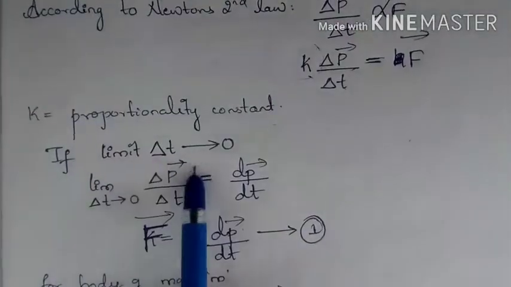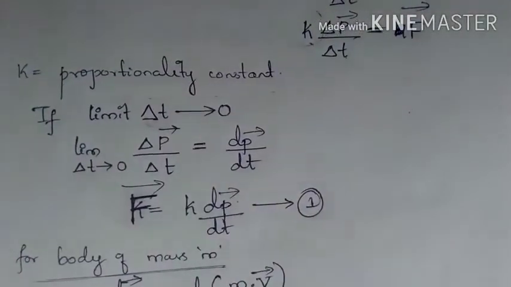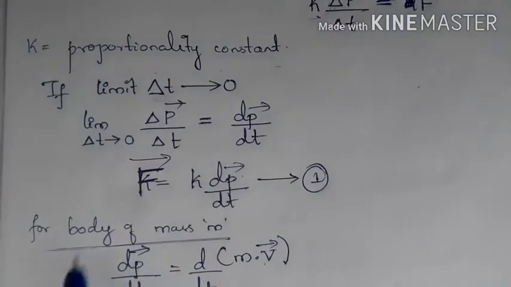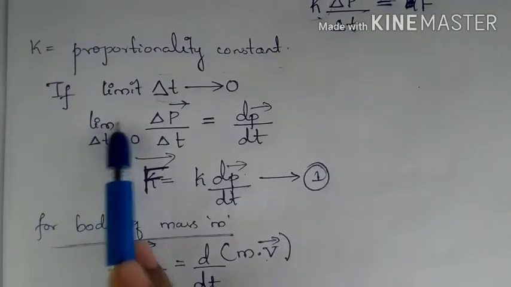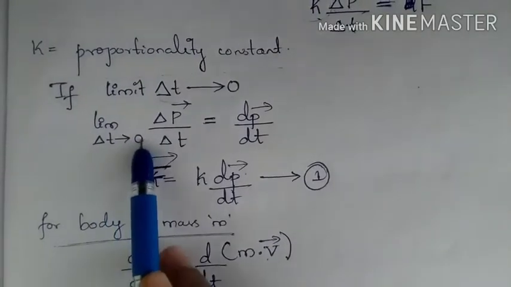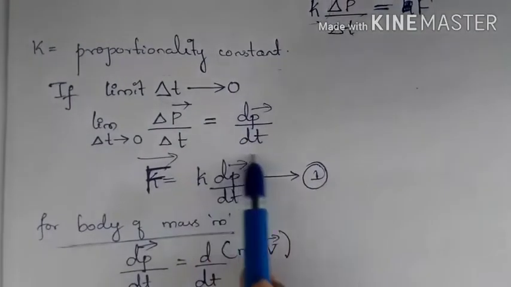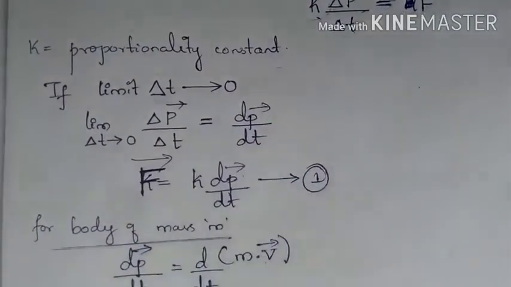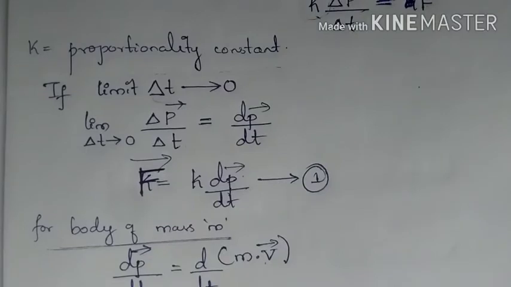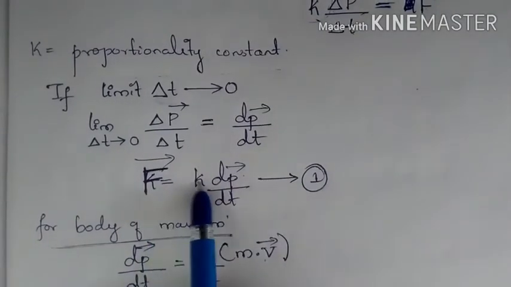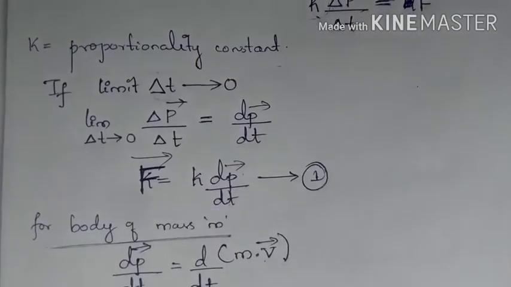If delta t tends to 0, then in the limit delta t tending to 0, delta p by delta t is equal to dp by dt, a very small change in momentum with respect to time. So F equals k dp by dt.